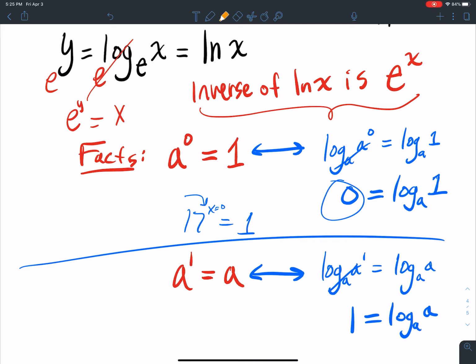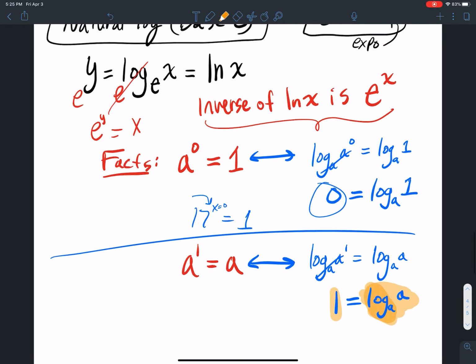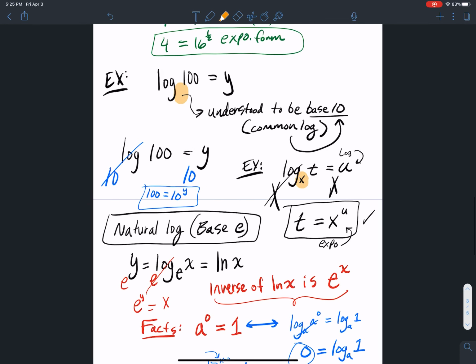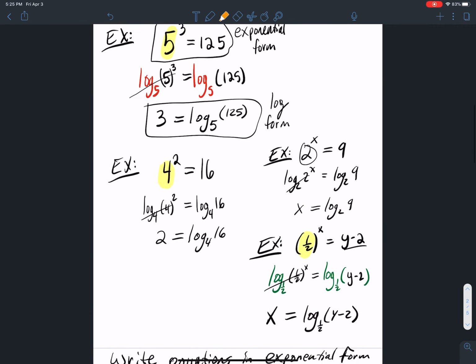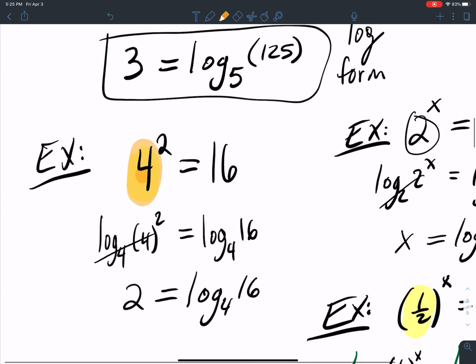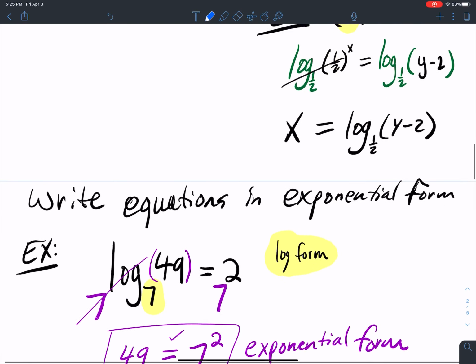What this is telling me is that if I want to get rid of a base a, all I have to do is log the base, and then it cancels out and I get 1. So when I was looking at these exponential forms up here, and all I wanted to do was get rid of that 4, once I logged base 4, that canceled to get me 1, and I was left with just the 2 there. So that's what's going on.